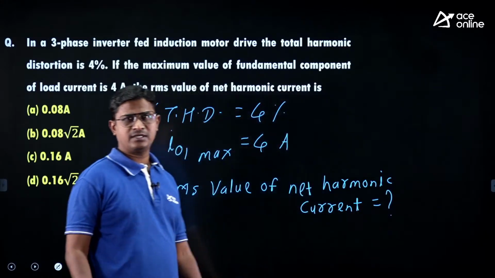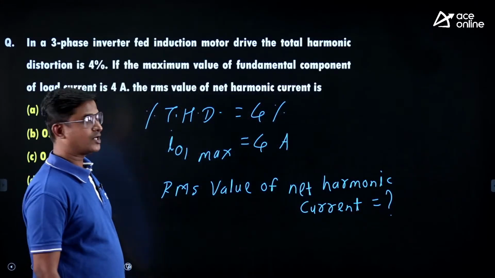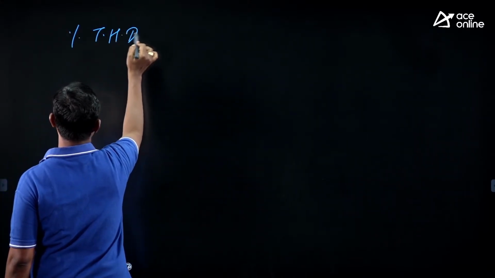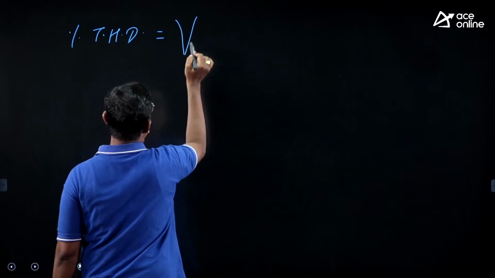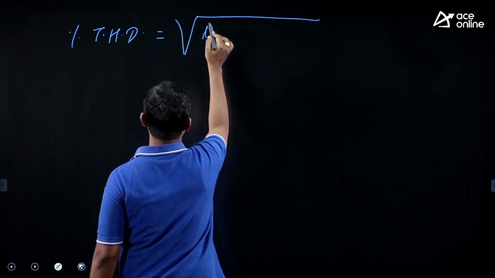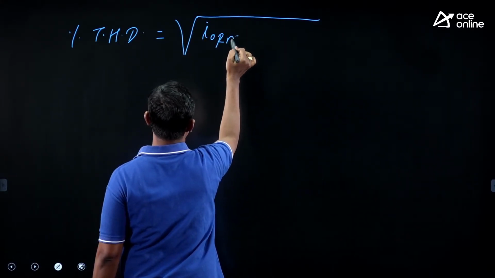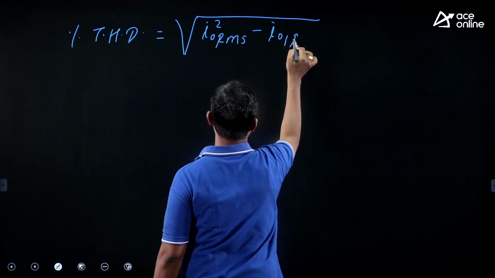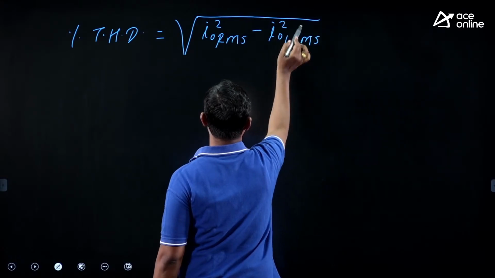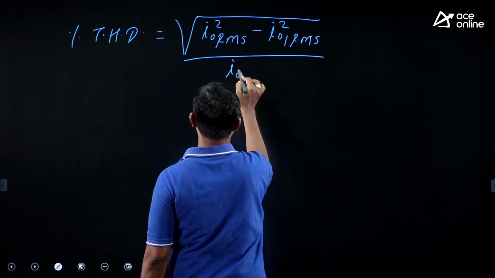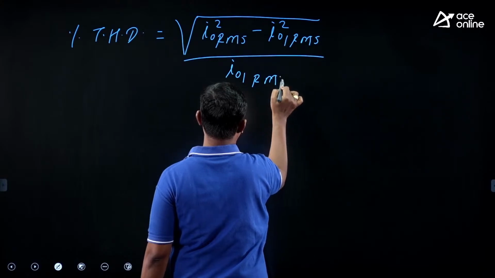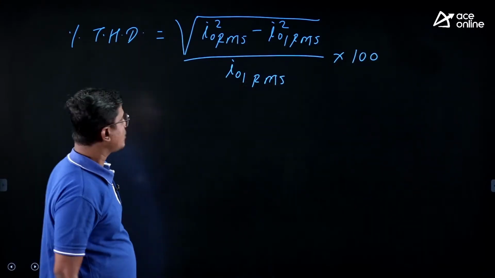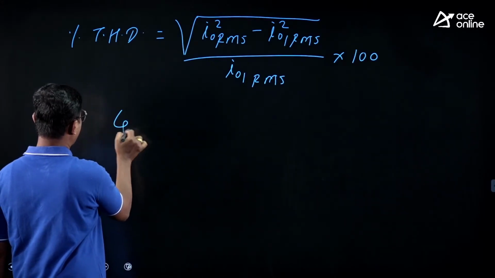So what is the expression for THD? Percent THD is equal to under root I0 RMS square minus I01 RMS square upon I01 RMS into 100, right? So now percent THD is 4.